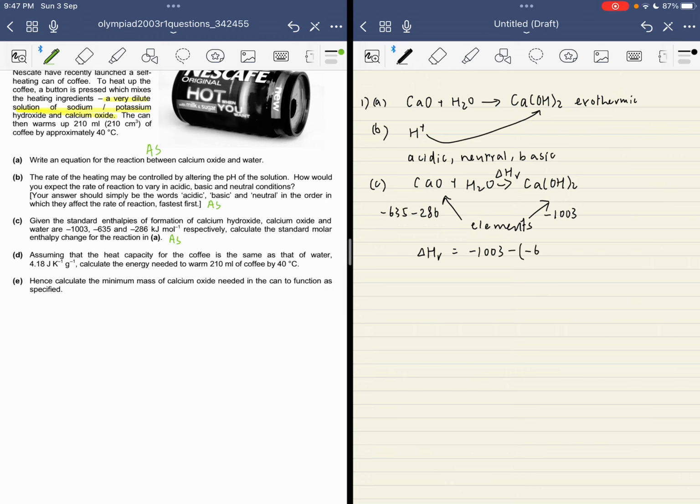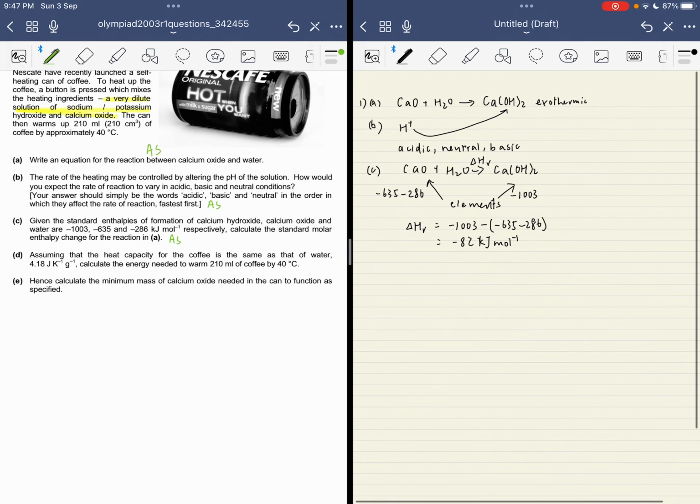So I will have negative 1003 minus bracket negative 635 minus 286, which gives me negative 82 kilojoules per mole. I'm sure many people will be familiar with Hess's law at this point, so I will not explain it in further detail.